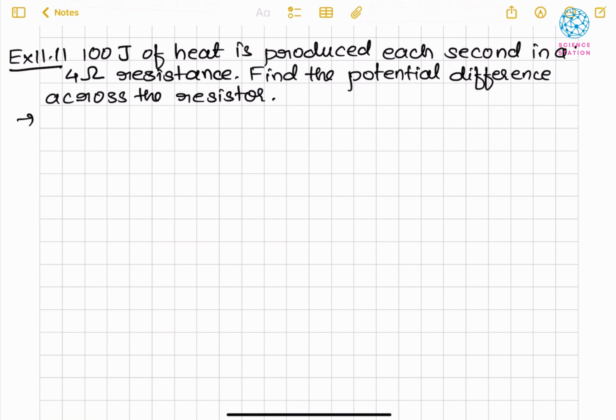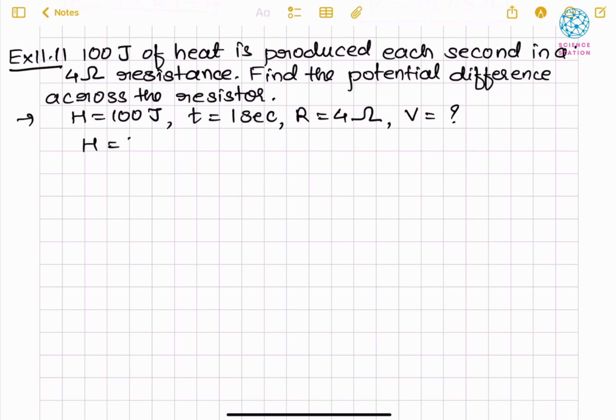Now question 11.11 says 100 joule of heat is produced each second in a 4 ohm resistor. Find the potential difference across the resistor. So here H is given as 100 joule, T is 1 second, R is 4 ohm and V is unknown.